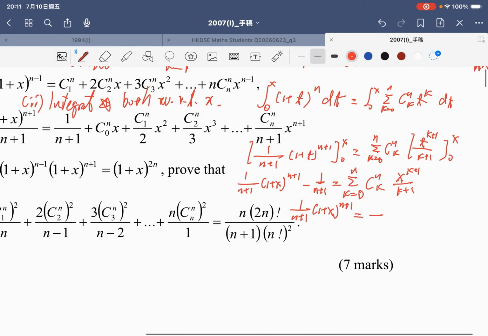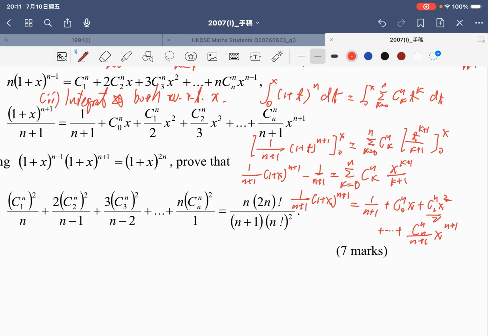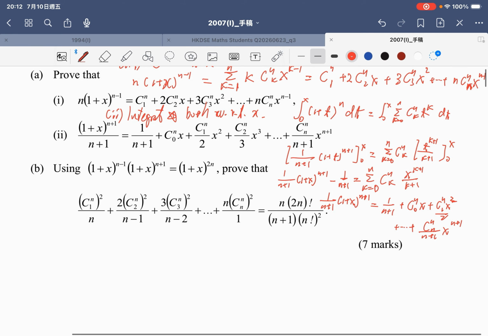We have 1 over n plus 1 plus the first term, which is nC0 x. The second term is nC1 x squared over 2. And then the last term is nCn over n plus 1 times x^(n+1). Yes, we have proved the second identity of A2.